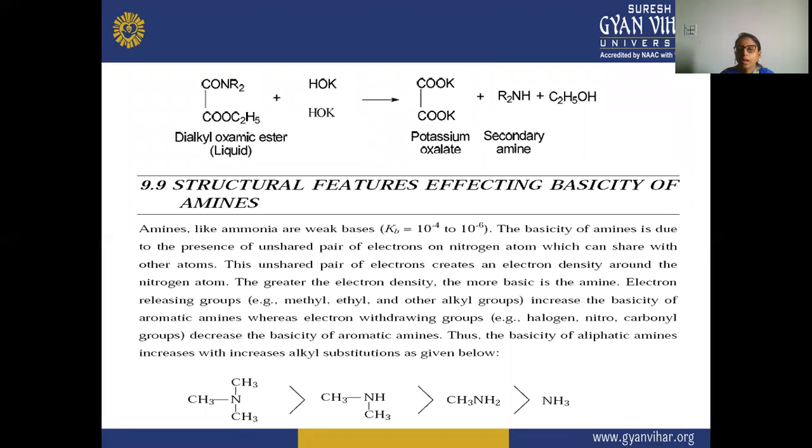Amines are weak bases, with Kb from 10 raised to power minus 4 to 10 raised to power minus 6. The basicity of amines is due to the presence of an unshared pair of electrons on the nitrogen, which can be shared with another atom and form a bond.